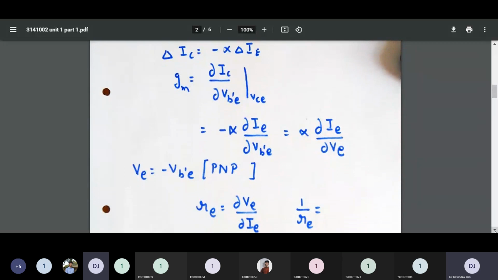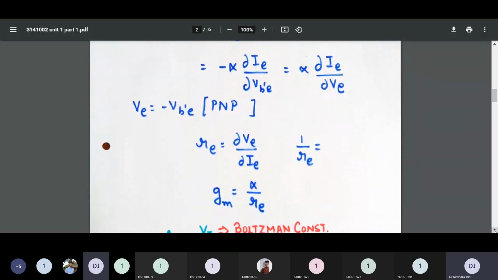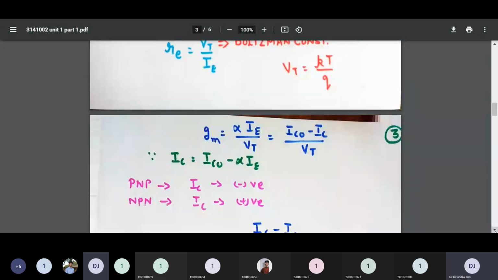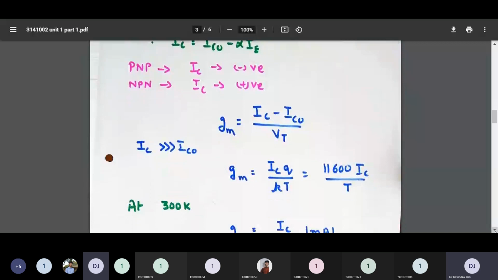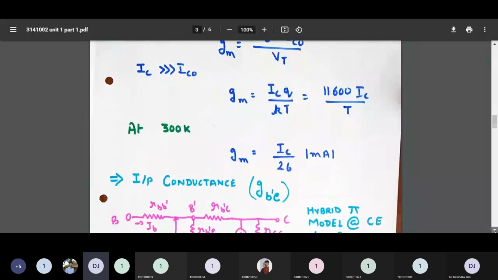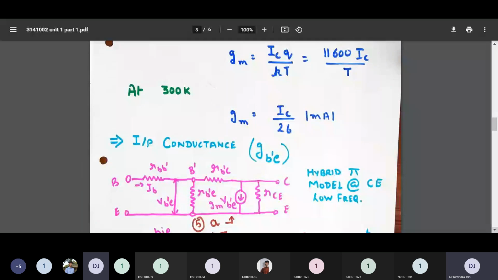Now, for an NPN transistor as well as for a PNP transistor, IC is observed to be positive as well as negative. In the present case, VE is equal to V B dash E, and based on that, we calculated at room temperature what our transconductance value is.